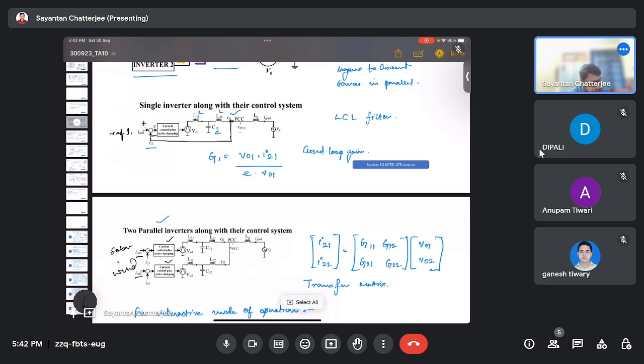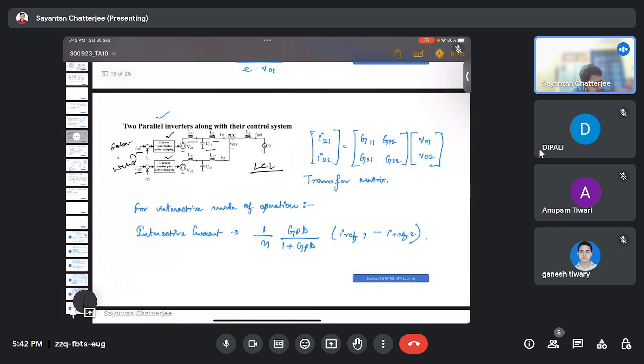This I21 would be fed in the same manner with the operating L and C, this LCL filter, provided that these LCL filters are ideal. In these ideal conditions, if both of them are similar, the existence of this interactive current would vanish. This is what is called the interactive current.